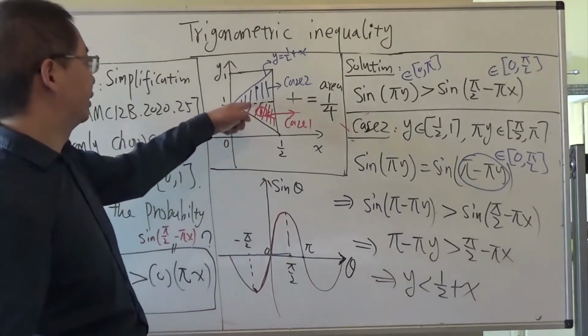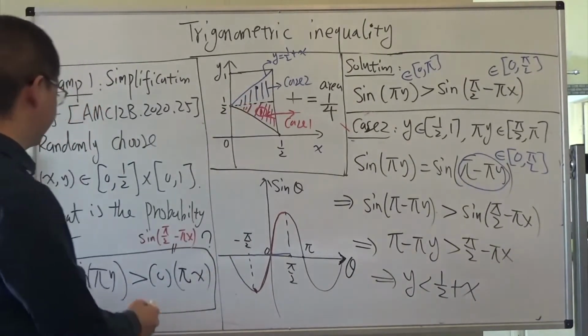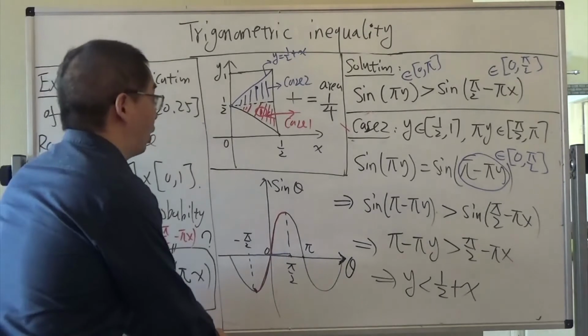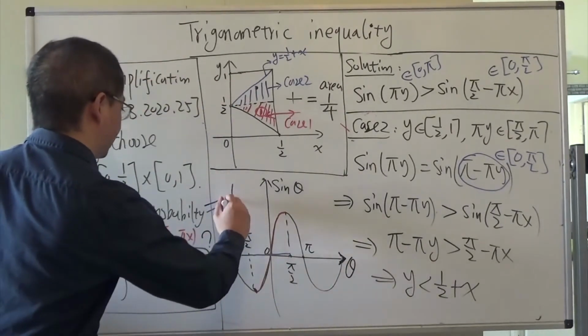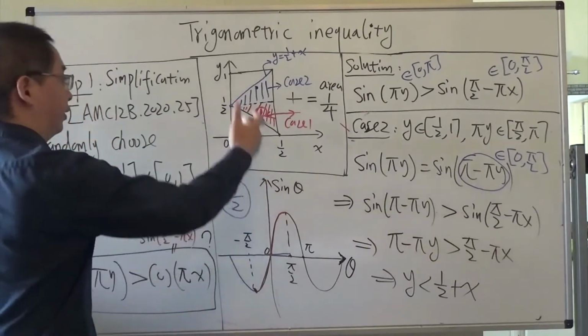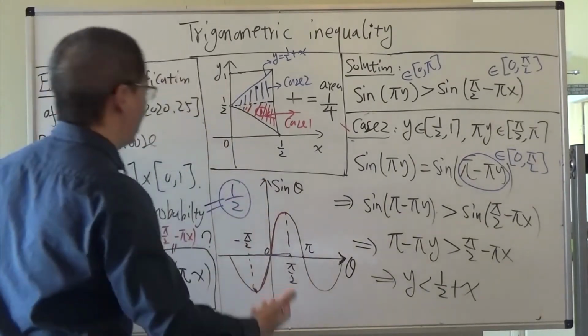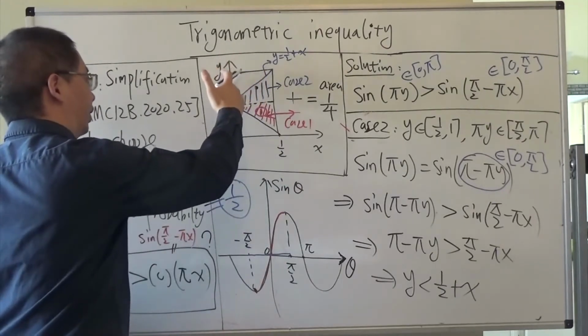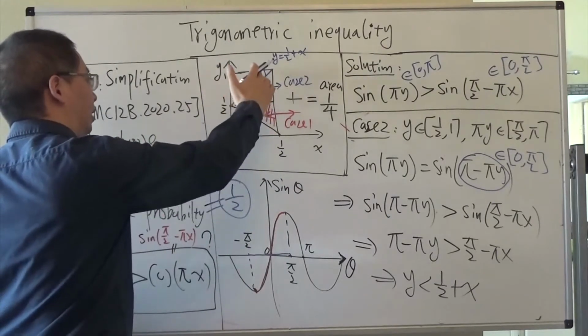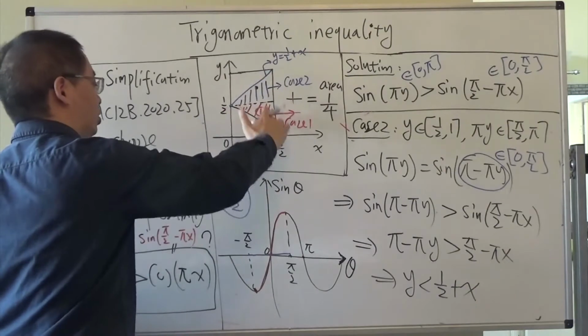So the desired region has area 1 over 4, and we get the probability as 1 over 4 over 1/2, which is 1/2. That is just the fraction of the whole rectangle that is within this region.